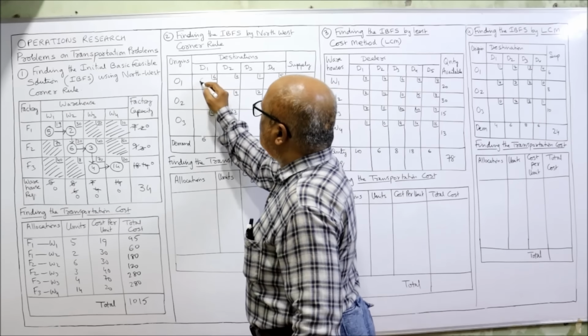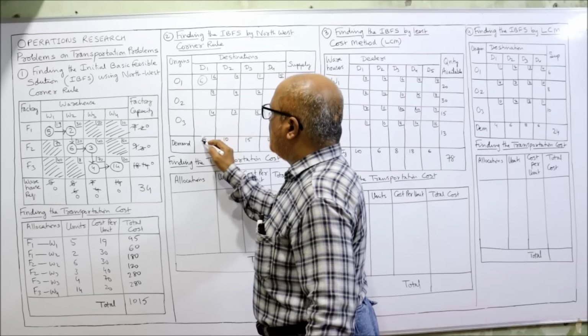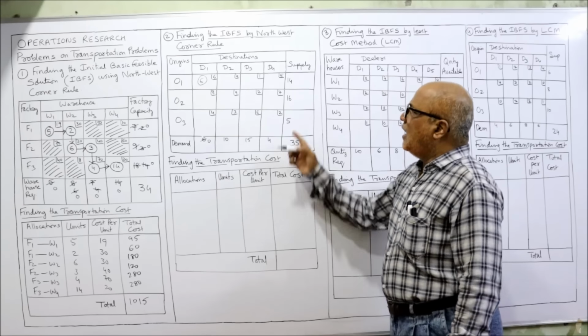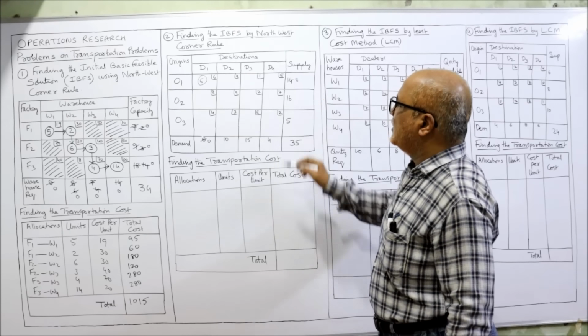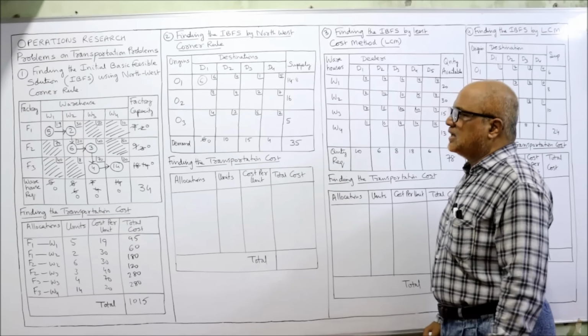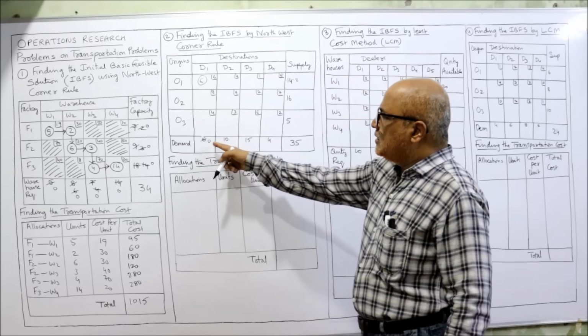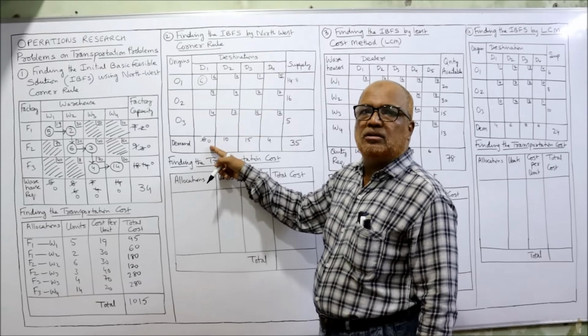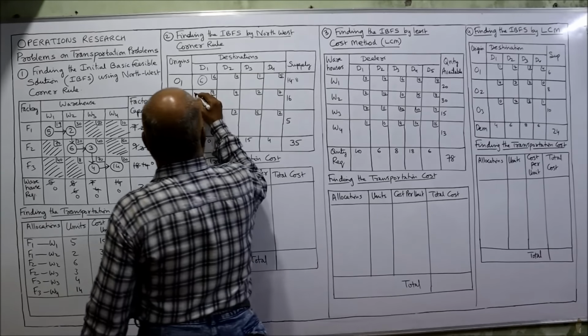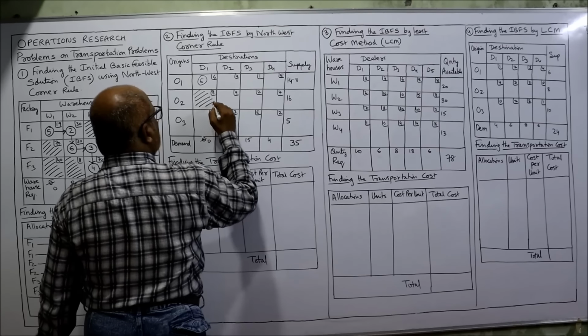So I am allocating 6 here. 6 minus 6 will become 0. And 14 minus 6 is 8. Now here the column has become 0. Whichever will become 0, block it. The column will be blocked. Like this, I am blocking the column.